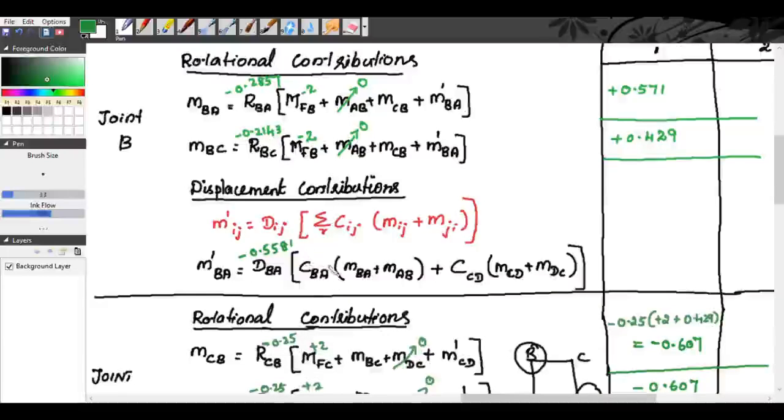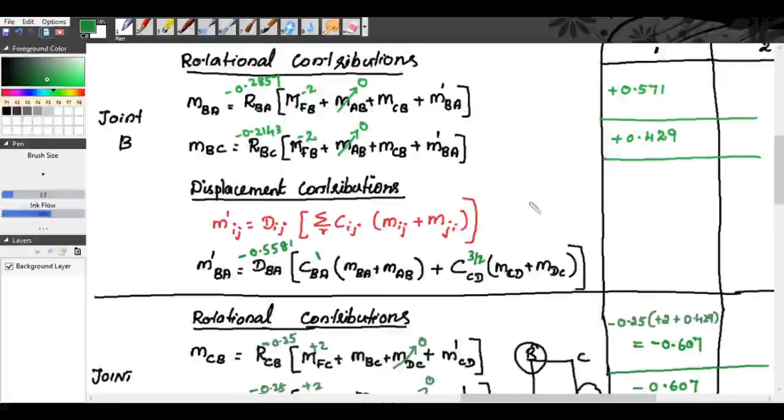CBA, we have already found CBA is equal to 1, right? 3 by 3, that is equal to 1. CCD is equal to 3 by 2. These are the reduction factors, right? We have found these values while finding the displacement contributions. Now, MBA, MAB, MCD and MDC should be obtained from the previous iterations.